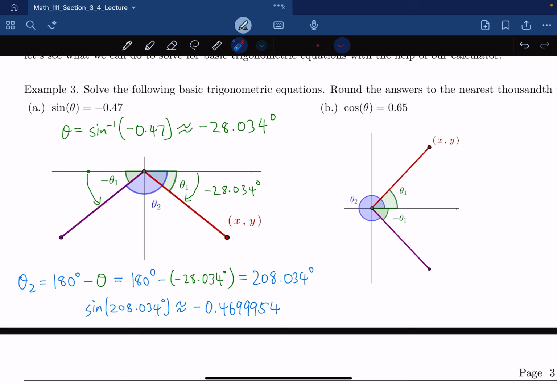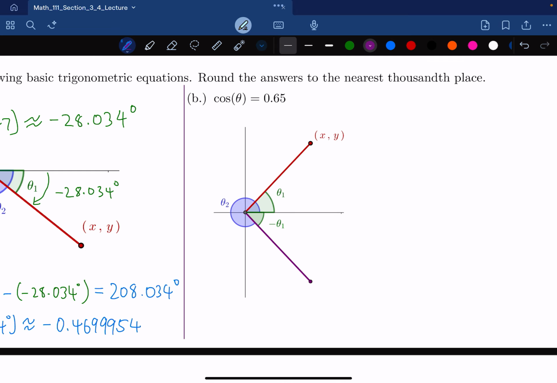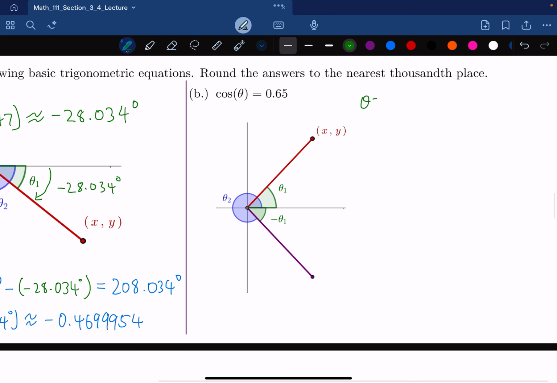Now, that's the method for sine. For cosine, it's a little bit different, just because the symmetry is a little bit different. Let's take a look. Same idea. We can get the first answer by doing theta equals cosine inverse of 0.65 and punch that into the calculator.